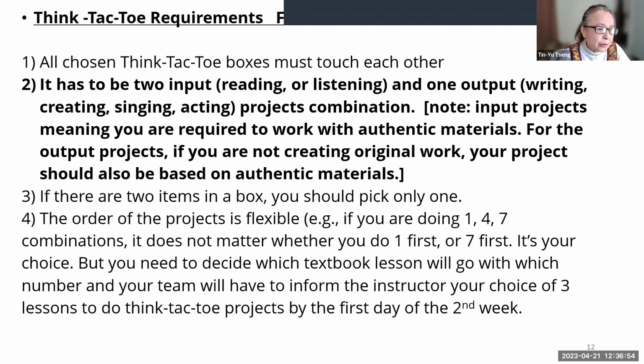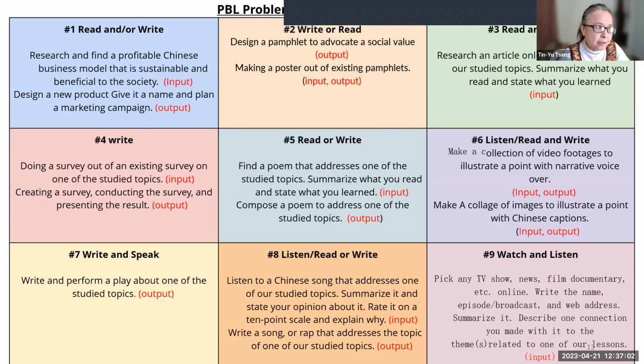For the output project, if you are not creating original work, your project should also be based on authentic material. So in this grid, it was supposed to be a well thought out and accessible inner logic, which is all a straight line combination containing at least 2 input and 1 output task.